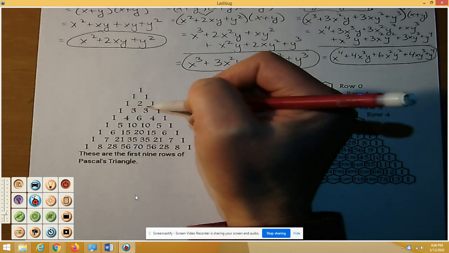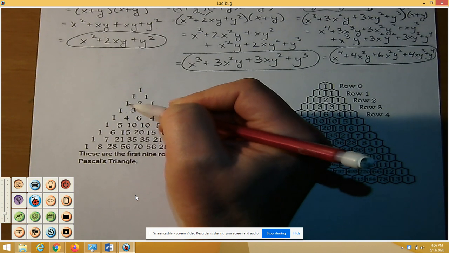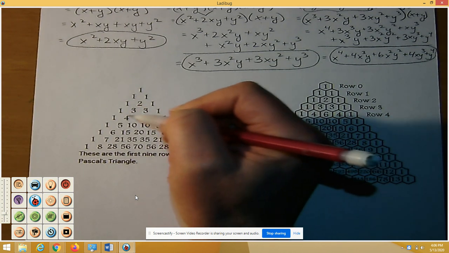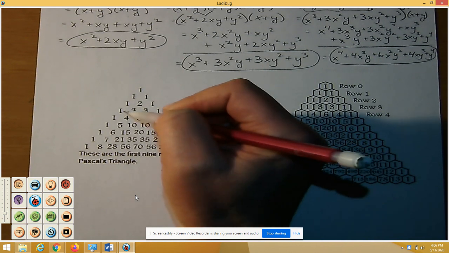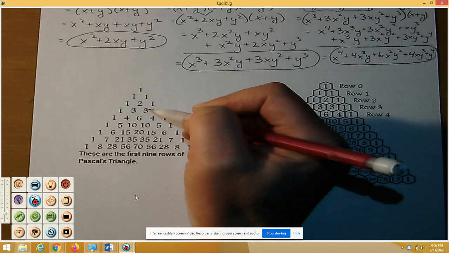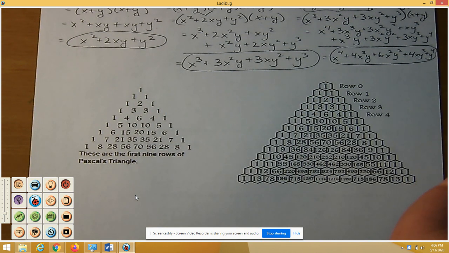And then when you go down to row 3, 1 plus 2 is 3, 2 plus 1 is 3. When you do the next row, the fourth row, 1 plus 3 is 4, 3 plus 3 is 6, 3 plus 1 is 4. And that pattern continues all the way through the pyramid.